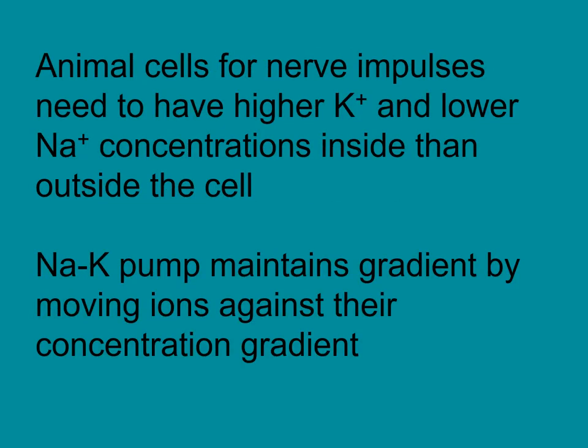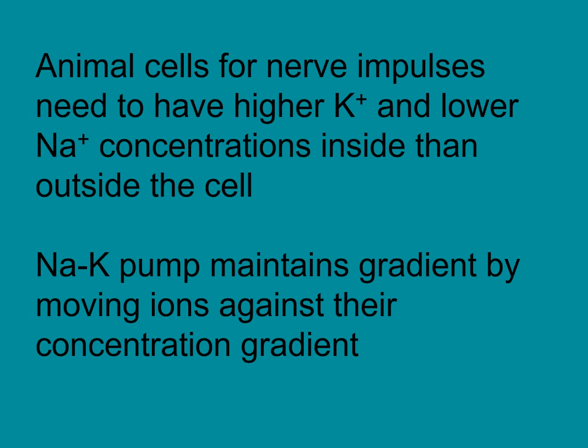In order for your cells, such as your neurons, to send a nerve impulse, you have to have this difference in the concentrations of sodium and potassium. In order for you to generate then a muscle contraction, same thing.